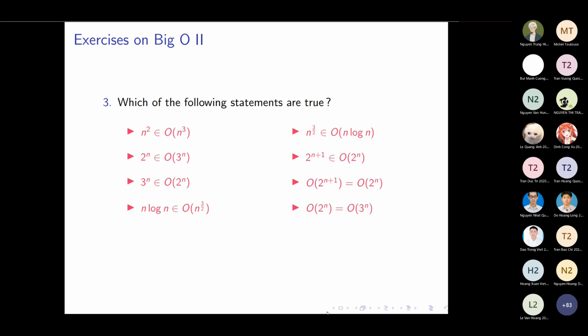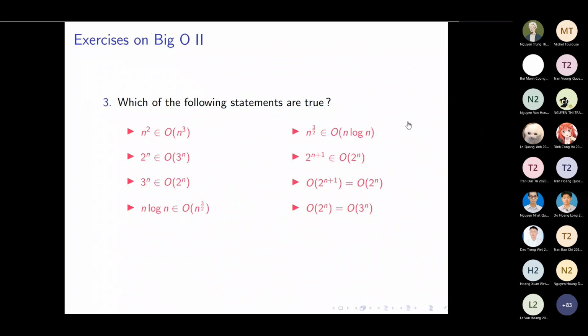So in the meantime, who can give the answer for the last 4 questions here on the right-hand side? You can raise your hands. Let me see.